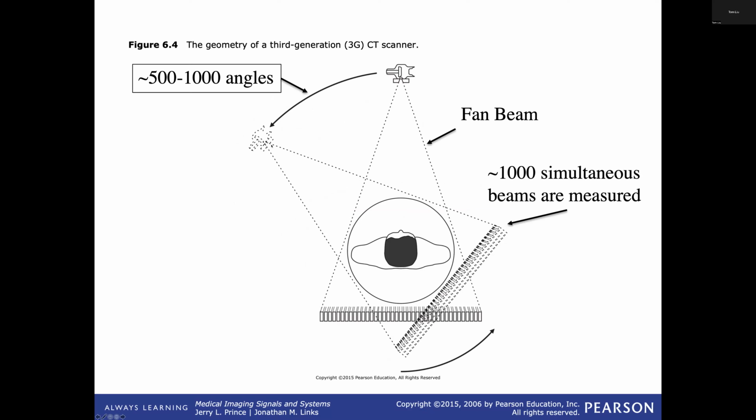So if I go poof, I get all of these pathways through the patient in one shot. I can have a row of detectors here and just pick up that data very quickly, right? I don't have to raster it across. The only thing I do is I rotate this whole system around the patient and get the views, right?